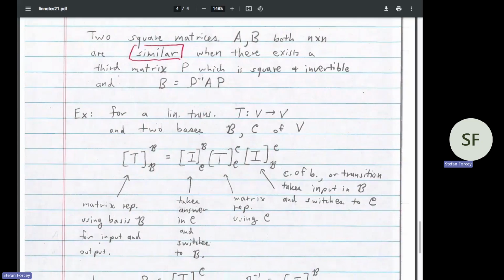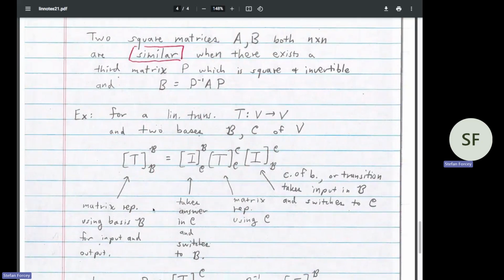So this is basically a way of describing something we've already seen, where you could have a change of basis matrix. For a linear transformation that goes from V to V, so a transformation from a vector space to itself, and two bases of that vector space, you could write that linear transformation using the basis B for input and output, or the basis C for input and output. And if you do it with B, it equals doing it with C, but sandwiching it with change of basis matrices.